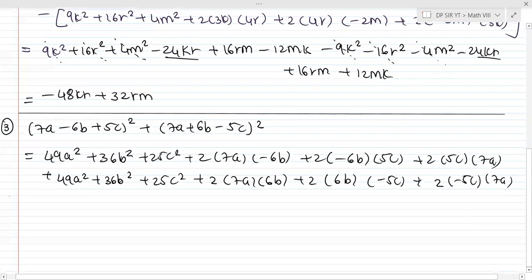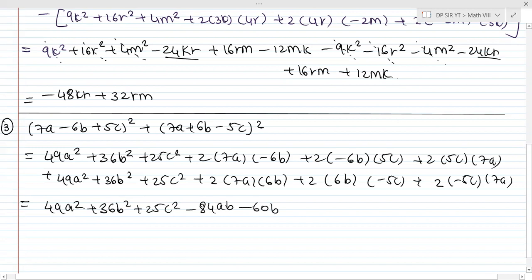Open these brackets, everything. So here it's going to be 49a square plus 36b square plus 25c square minus 84ab. I hope I'm not wrong. Minus 60bc plus 70ca. Yes, we are right. Plus 70ca.